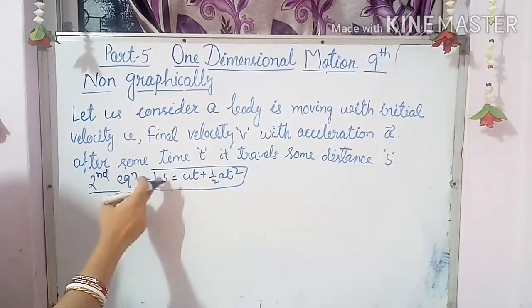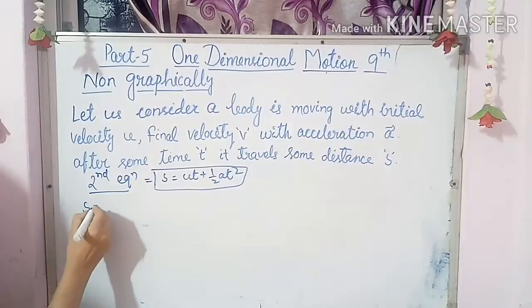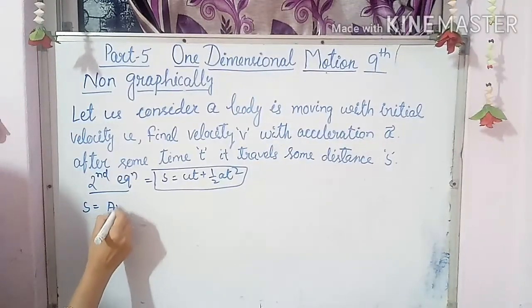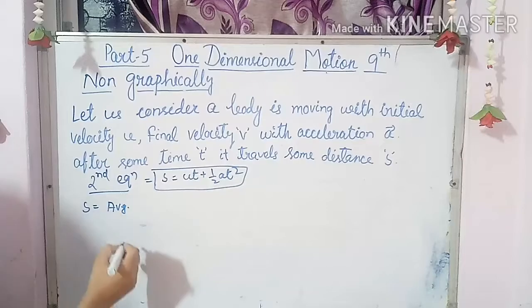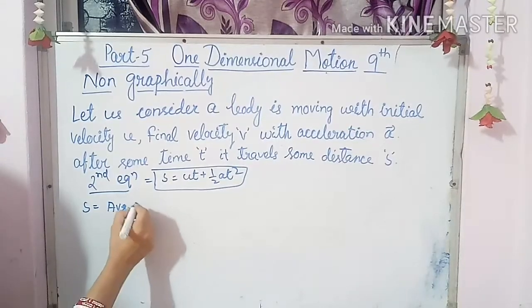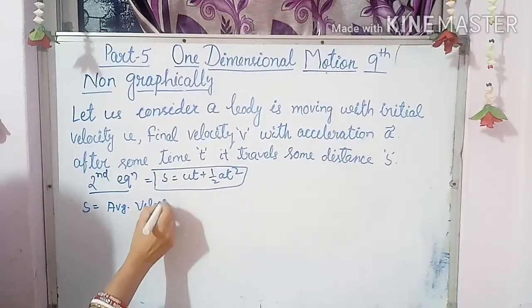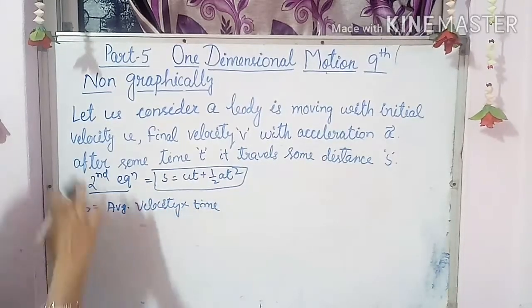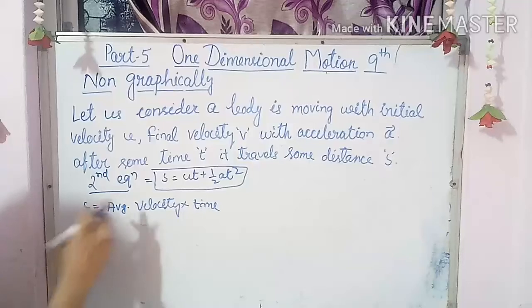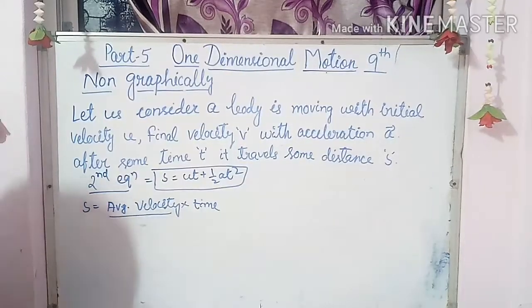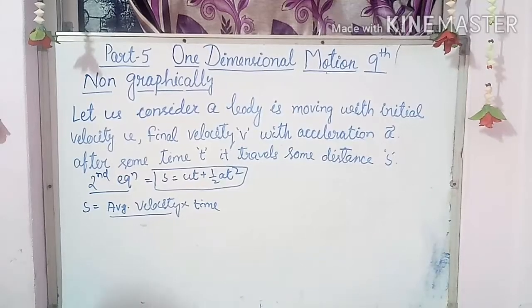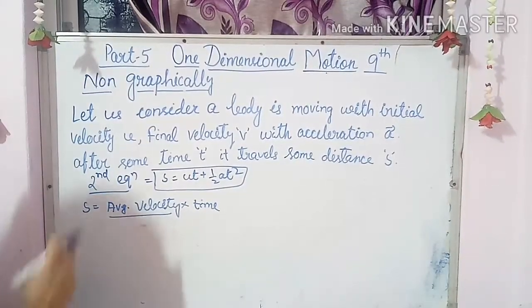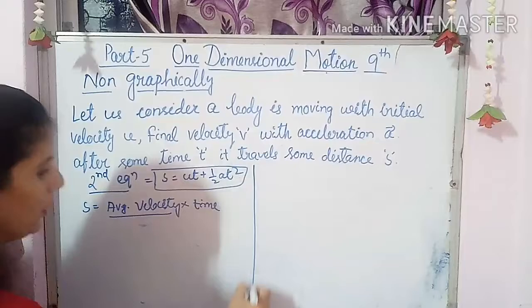As you know, what is the definition of the distance traveled? s equal to average velocity into time. Now you don't know about the average velocity, so here you have to find the average velocity first. So average velocity is equal to what, you know children? That is initial velocity plus final velocity by 2.